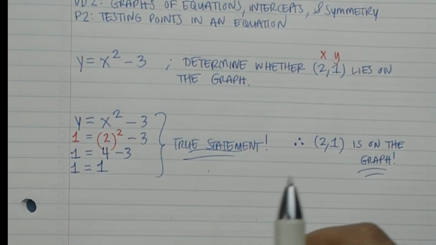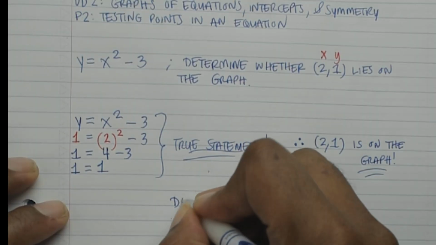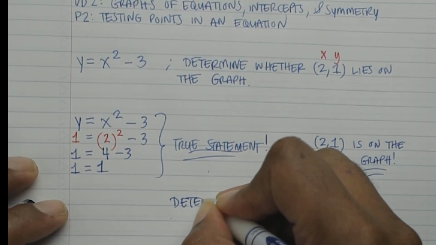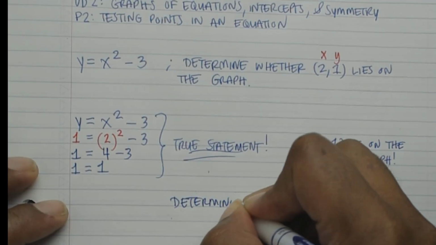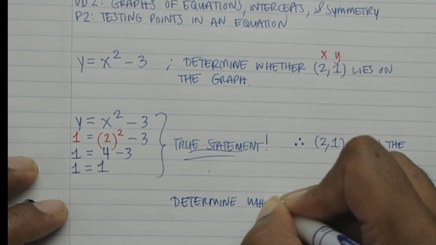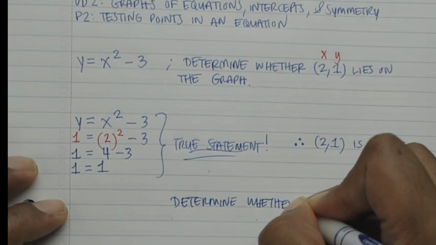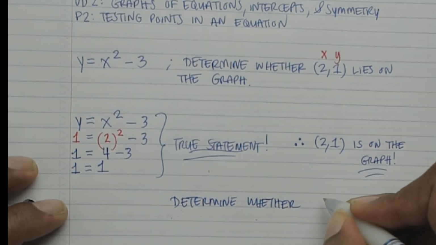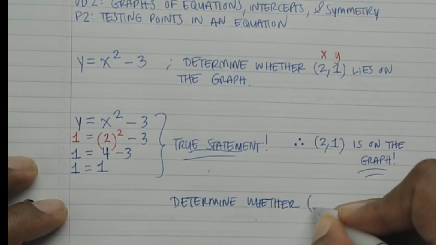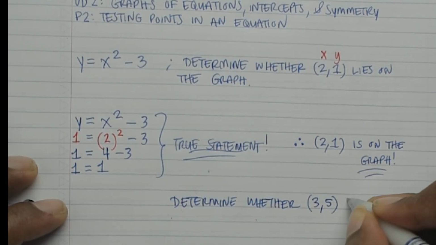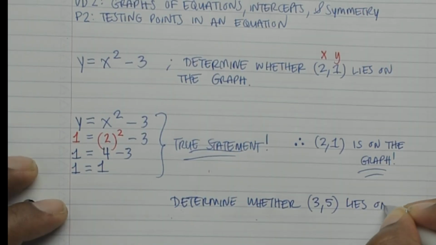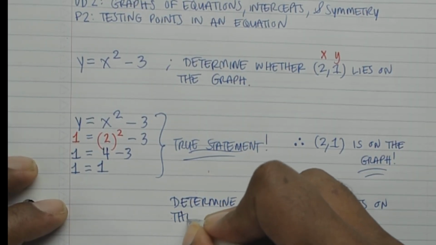Now, let's test another point. Let's determine whether the point (3, 5) lies on the graph.